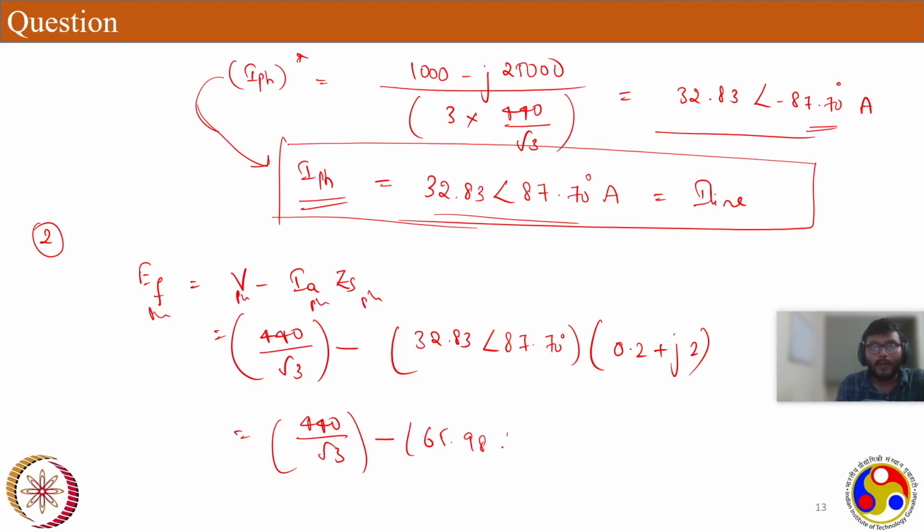This value 65.98 at an angle of minus 3.41. Sorry, it's a minus angle, no?